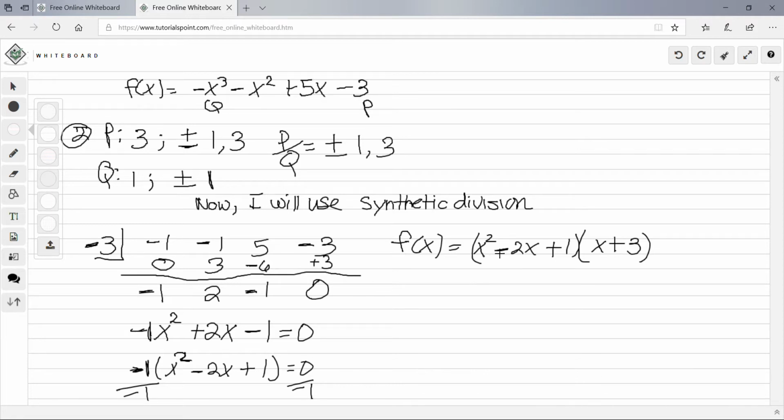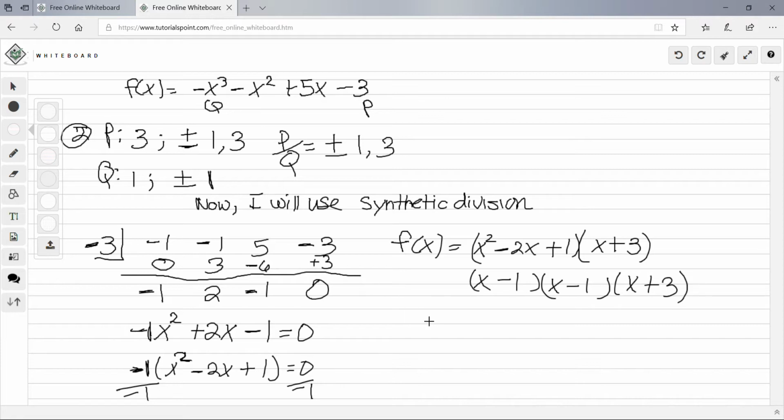Okay, but this one, x squared minus 2x plus 1, could be factored even more, right? So this is going to be x minus 1 times x minus 1, and then don't forget this x plus 3.